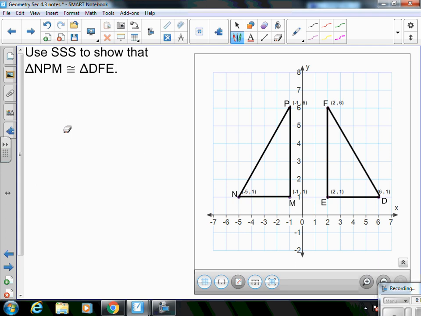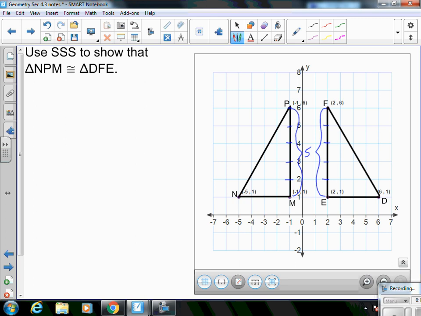If we look at PM, it's 1, 2, 3, 4, 5 units tall, right? Which EF, which we can see fills the same length there on the grid. That one's also 5.